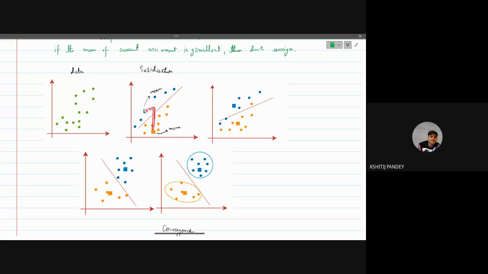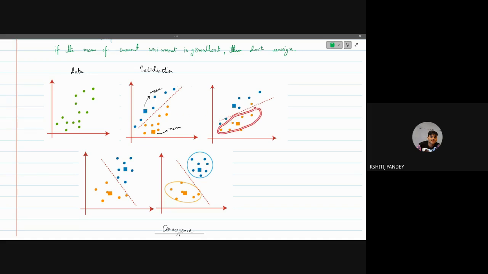If the distance between the point and the current mean is smaller than the distance between the point and the mean of the other cluster, then that point stays in the cluster. Otherwise, it is assigned to the other cluster. So accordingly, the points will change color.